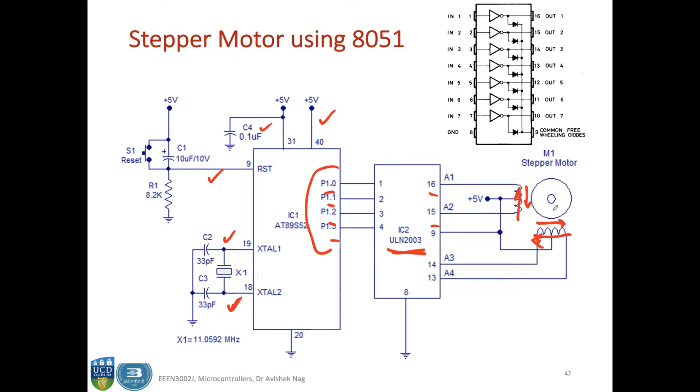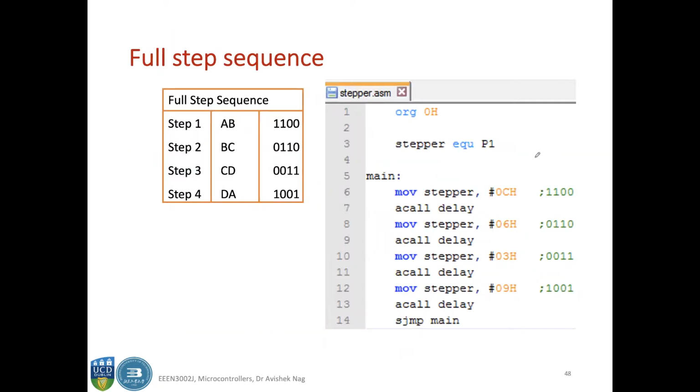This is the ULN 2003 IC pinout diagram, by the way. So you can program like this. You can have a full step sequence, as you saw a couple of slides back, and you can write a program like this, where you are moving some numbers into port 1 and calling a delay in between, and then repeating this again.